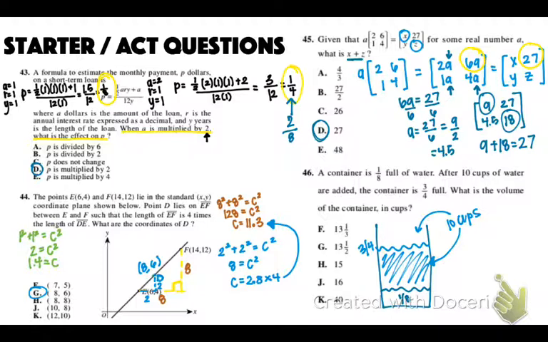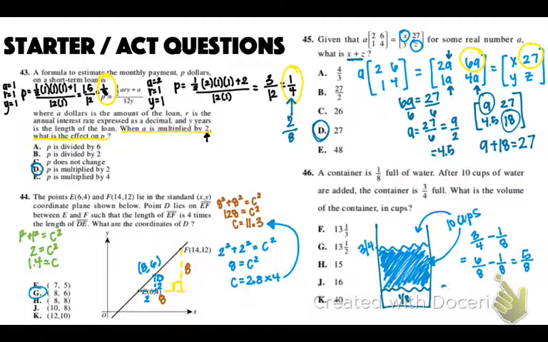Okay, we want to know what is the volume of this container in cups. So we need to figure out how much this area is right here, like how much did the 10 cups fill when we were already full with 1/8 of it. So we could do 3/4 minus 1/8, and that will tell us what this is right here. 6/8 minus 1/8 is 5/8.